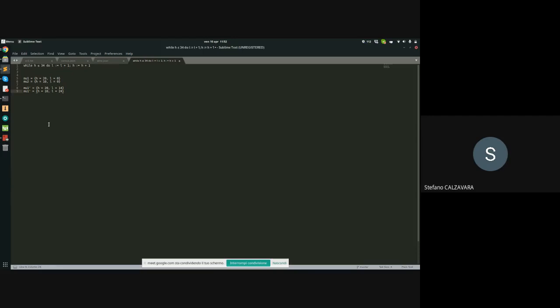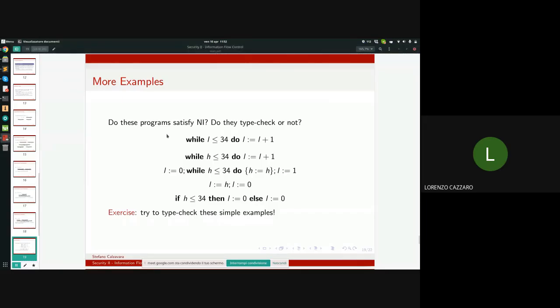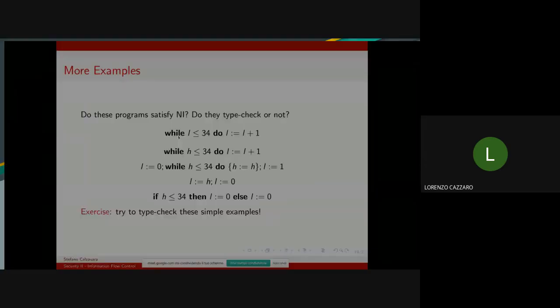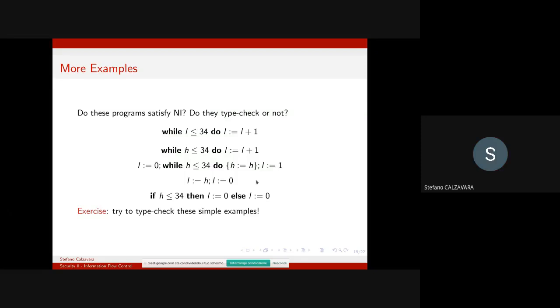Clear? Okay, thanks. This is an example where we start using non-termination. Sorry, I wanted to make them in increasing order of complexity. So to make this correct, I have to put H equal to H plus 1 as well.